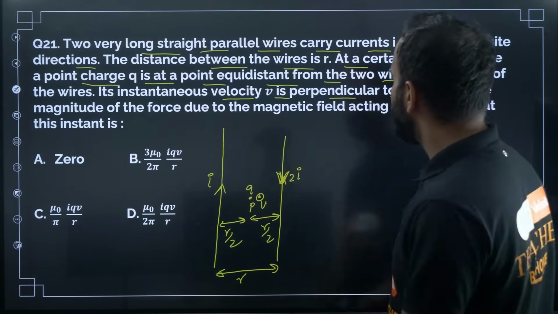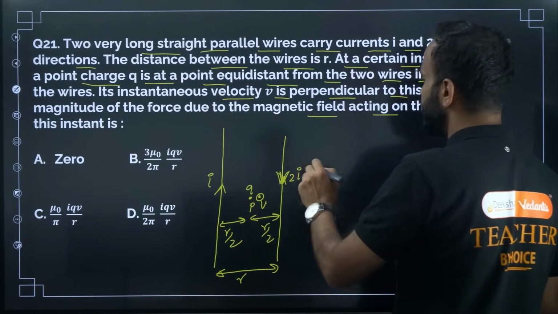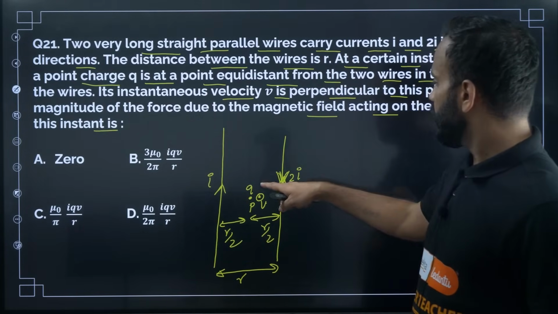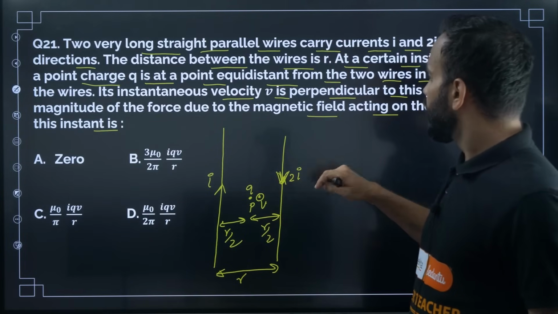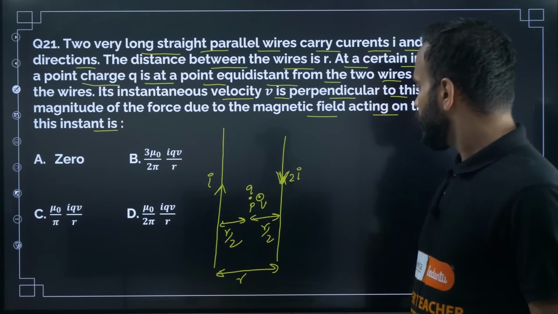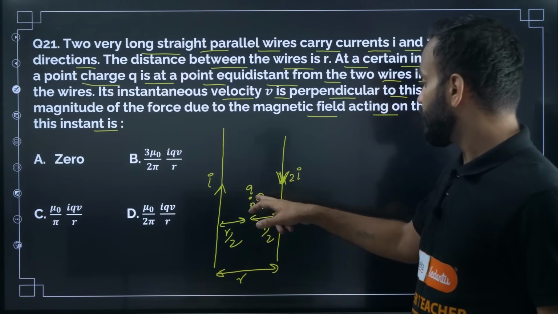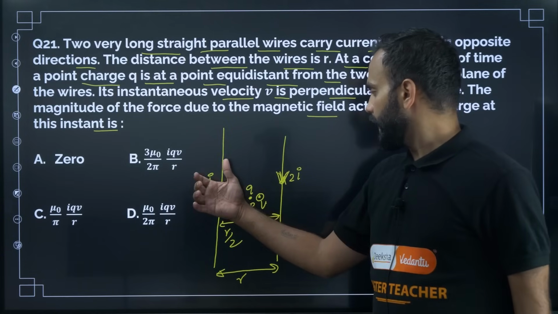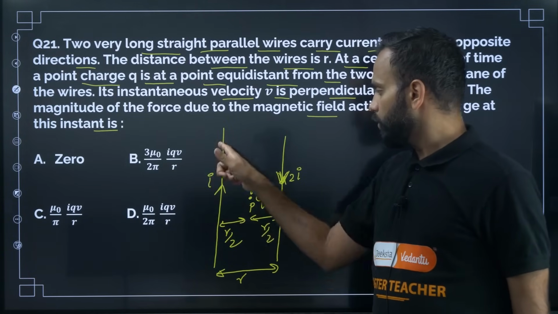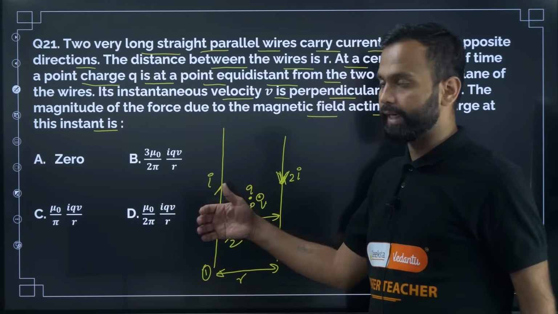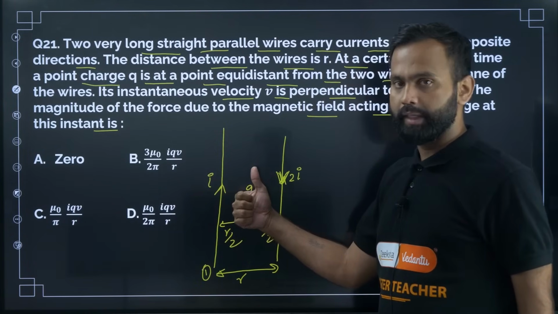The magnitude of the force due to the magnetic field acting on the charge at this instant, okay. We need to find the magnitude of the force on this charge due to the magnetic field at this instant. So what is the direction of the magnetic field at point P due to these two wires, right? The direction of the magnetic field at point P due to the first wire, the wire carrying current I, is into the plane, right?